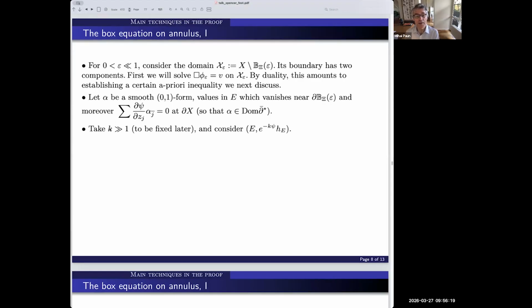And now for some k, which is to be fixed later, let's twist the metric of E with exponential minus k times psi.